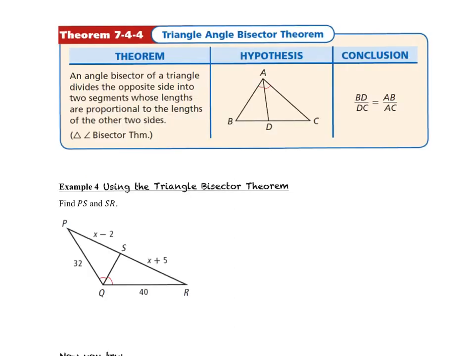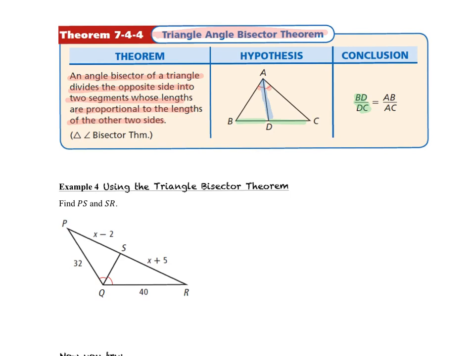Okay, and the last theorem in this section is the triangle angle bisector theorem. An angle bisector, remember, is going to split into two congruent angles as seen in the hypothesis, and divides the opposite side into two segments whose lengths are proportional to the lengths of the other two sides. So not including this middle piece, what we're saying is that we have BD over DC, so basically both bases.